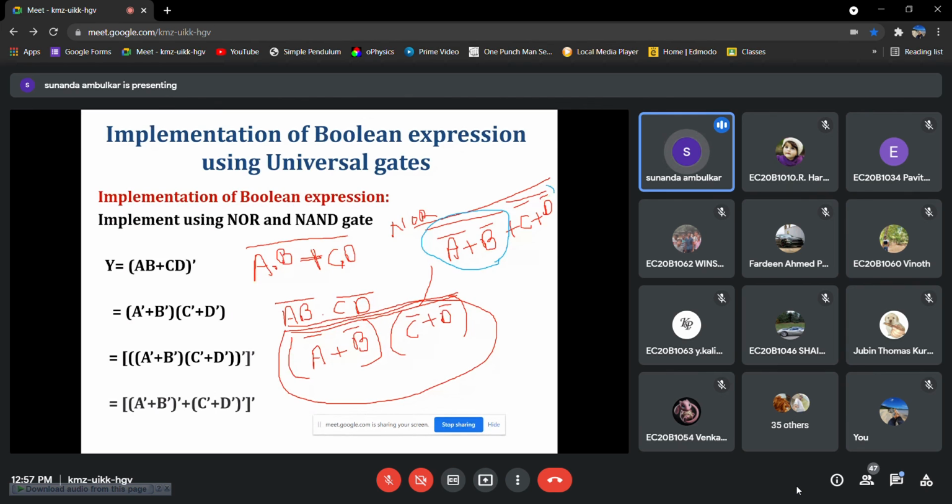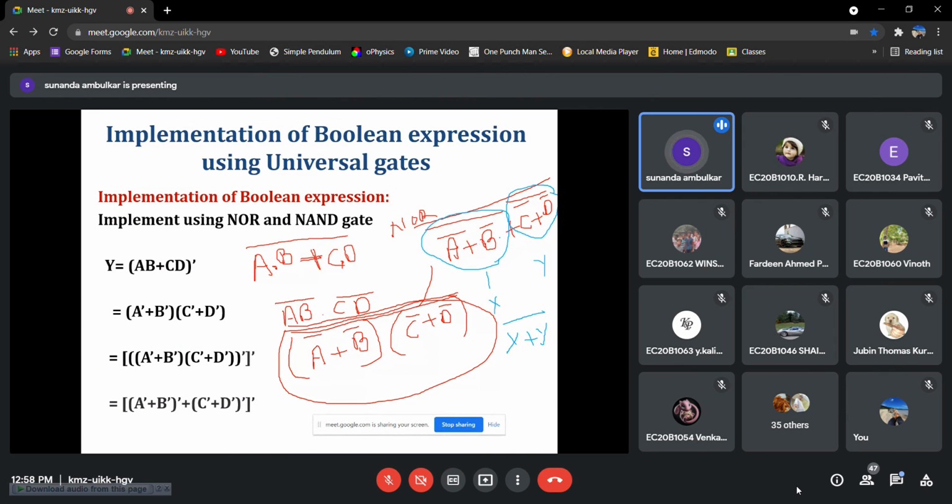We have found this term which we can implement using the NOR gate, and if we take this as X and this as Y, then X and Y are complemented.